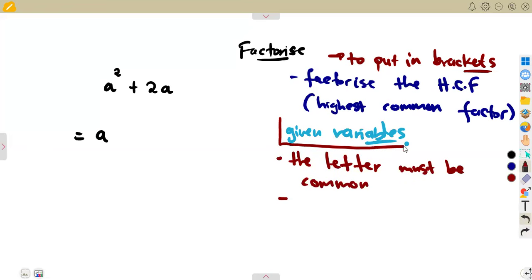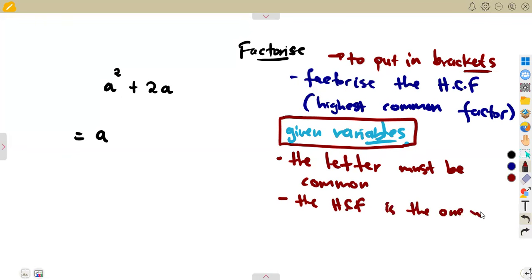So this is when given variables. The first thing, the letter must be common. Then you factor out. So the HCF, because you are considering the HCF now for this part where the letters are, is the one with the smallest exponent.